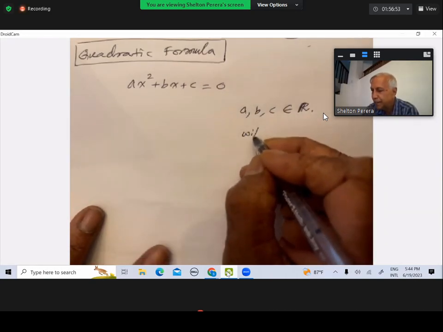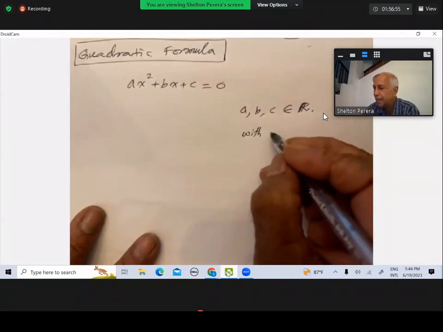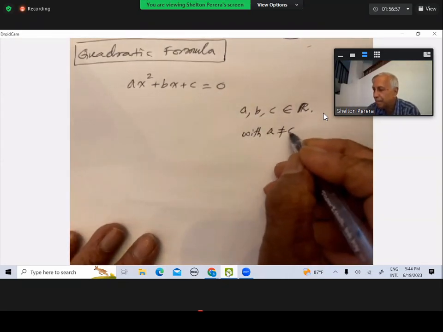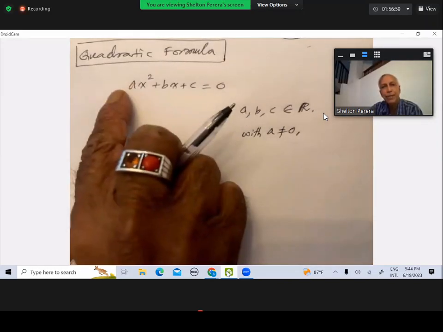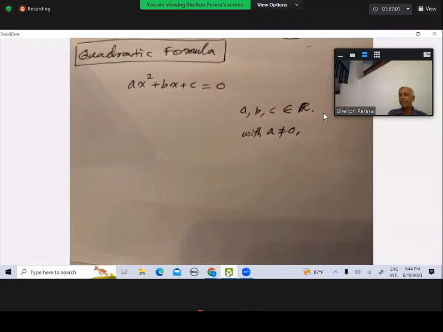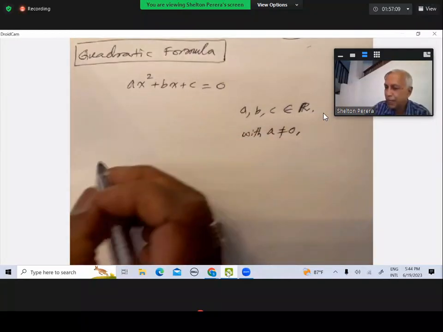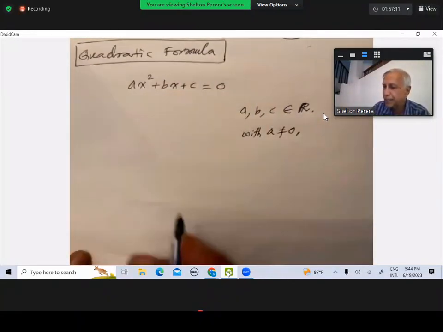If it is a quadratic, a should not be 0. If a is 0, 0 times x squared is 0 and the square term disappears. So it's no longer a quadratic. The quadratic formula is to write down the solutions from this directly.